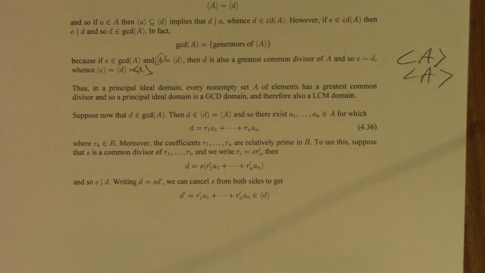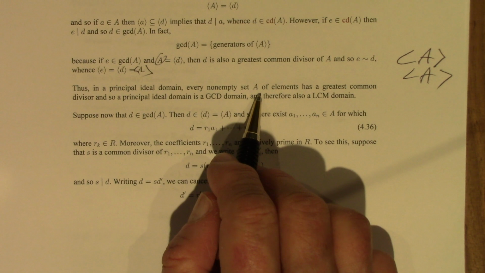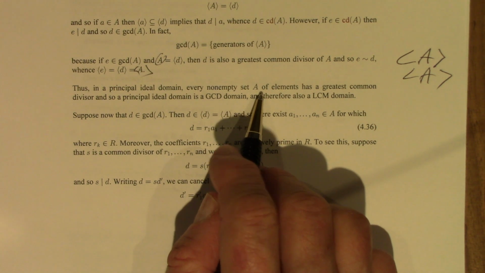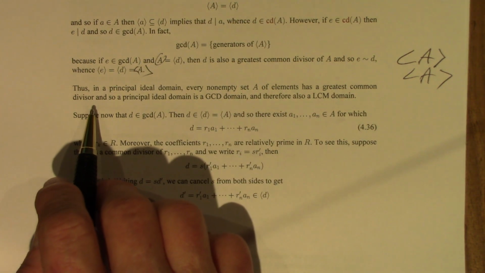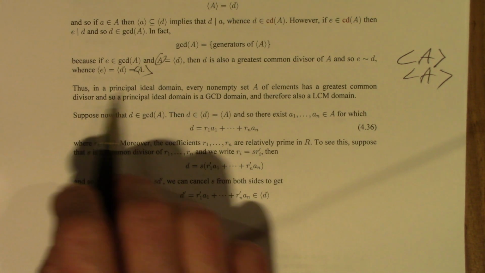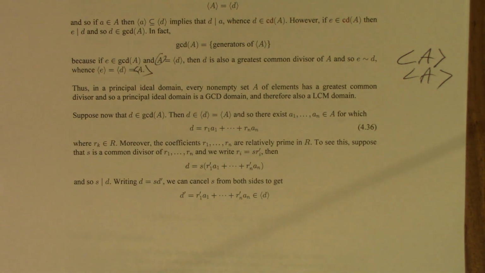So, in principal ideal domains, every non-empty set of elements has a greatest common divisor, and so a principal ideal domain is in fact a GCD domain, and therefore also an LCM domain.